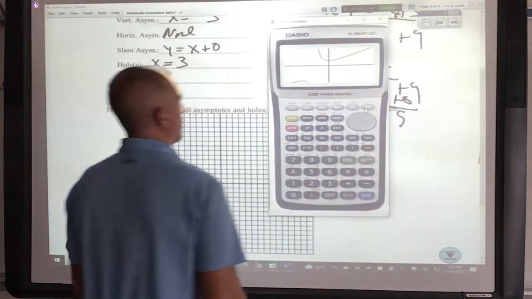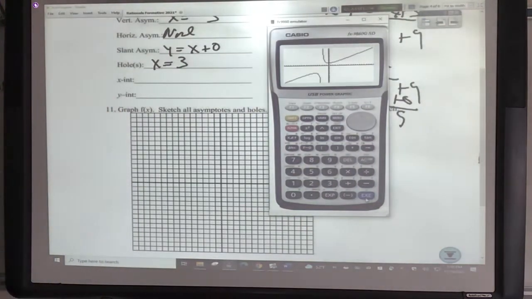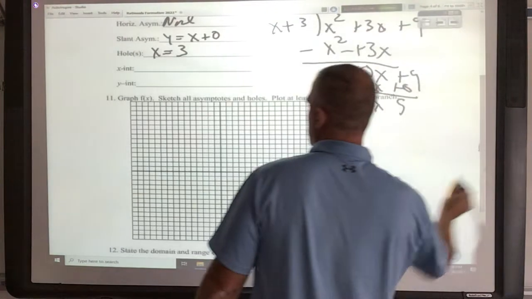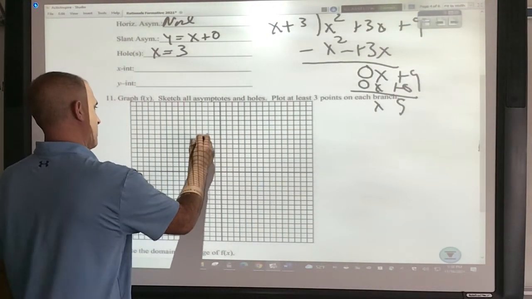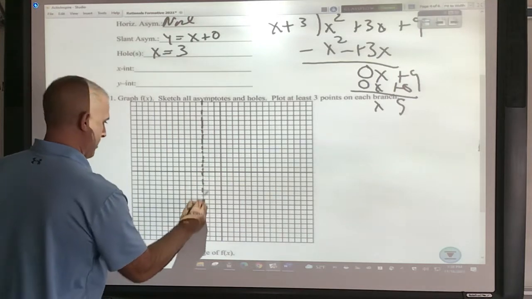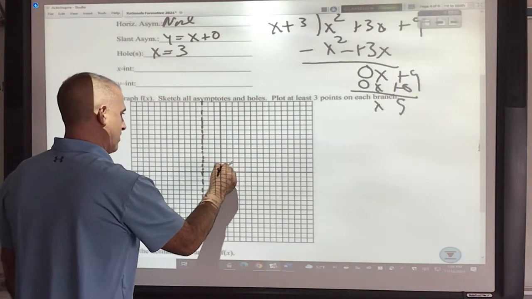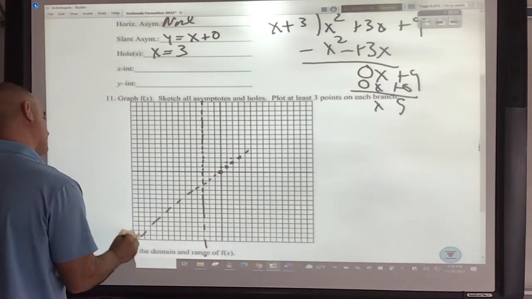Okay? And that's drawing, and I can see I have a minimum and maximum issue here, okay? So my vertical asymptote, as we saw before, was at x equals -3. So that's 1, 2, and -3. Okay, I've got a slant asymptote, 0, up 1 over 1, up 1 over 1, up 1 over 1. Looks like that.